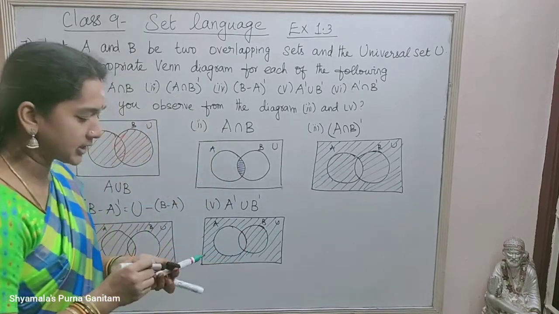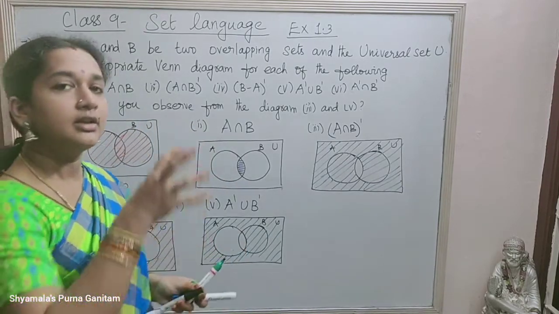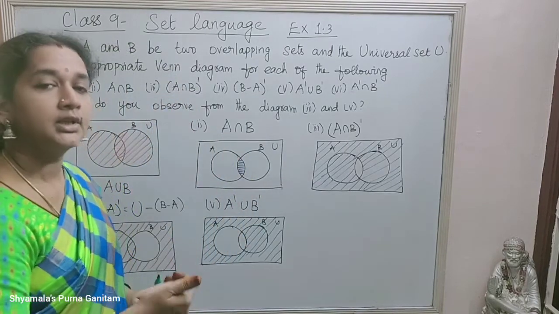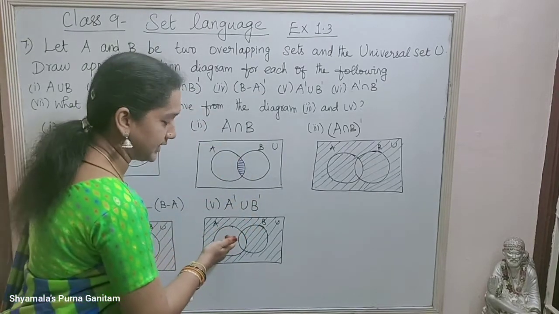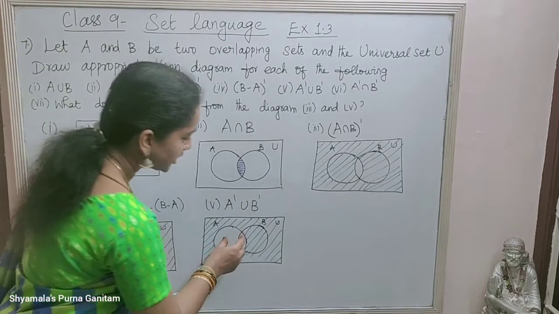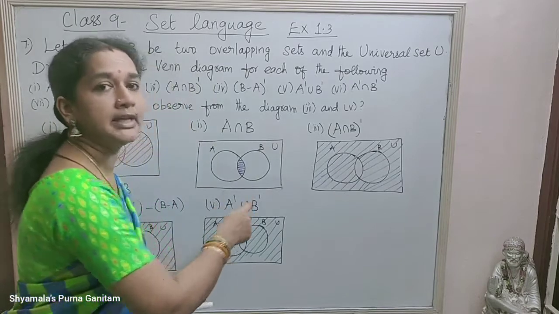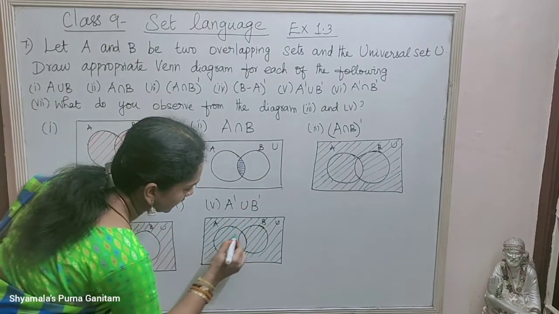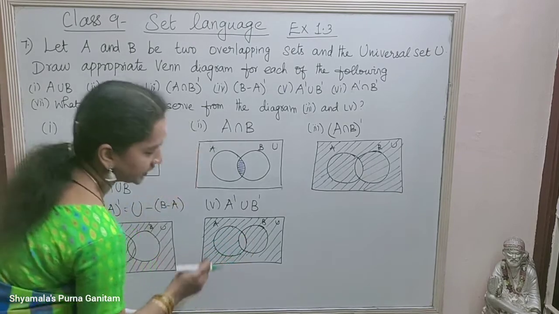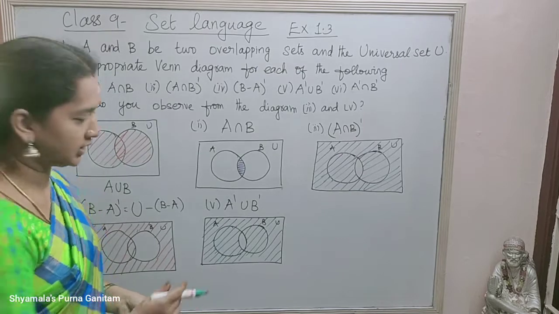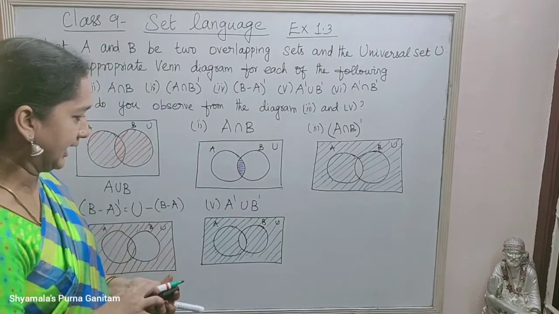The B elements you will remove. The balance elements, that is elements of A and the universal set, you will shade. So this is union of A dash and B dash. So this part also will be shaded. So this is A dash union B dash.